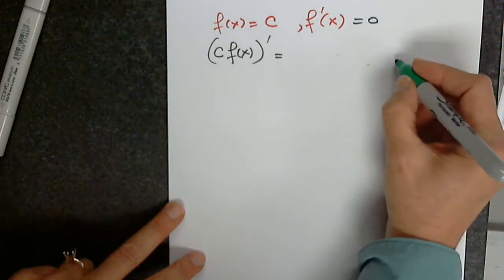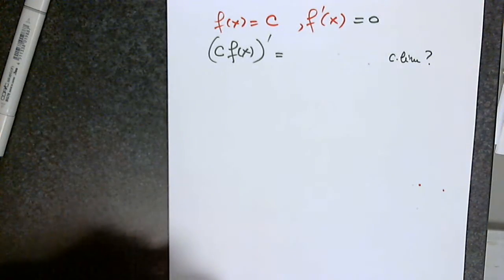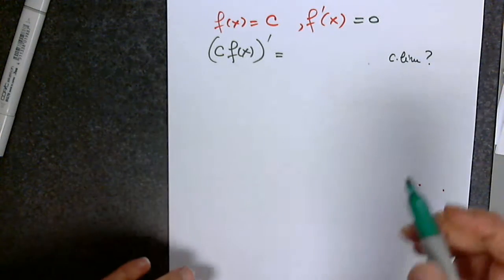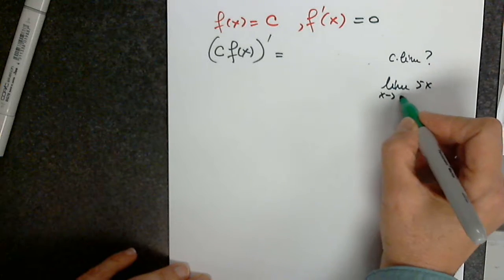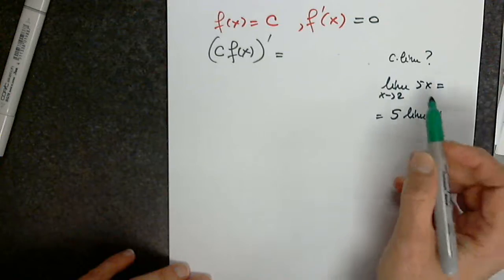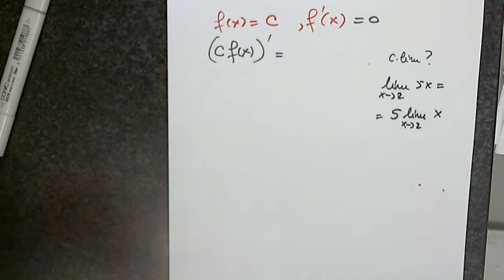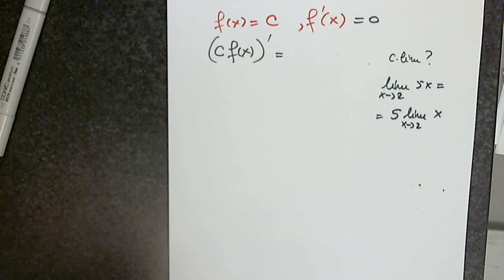So then we had before a constant multiplied by a limit. What did we do? We had a limit of 5 times x when x approaches 2, and we wrote 5 times the limit of x because the limit of x exists when x approaches 2. The conditions are fulfilled, so we brought 5 in front.